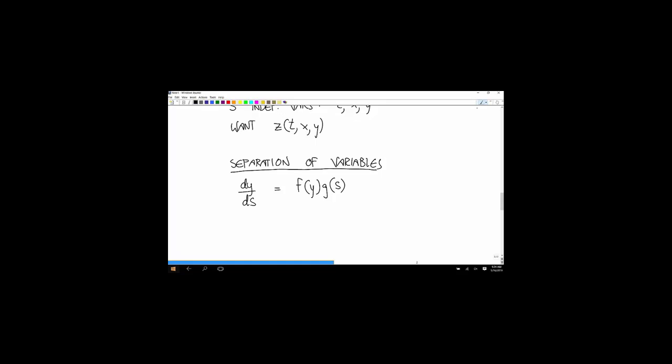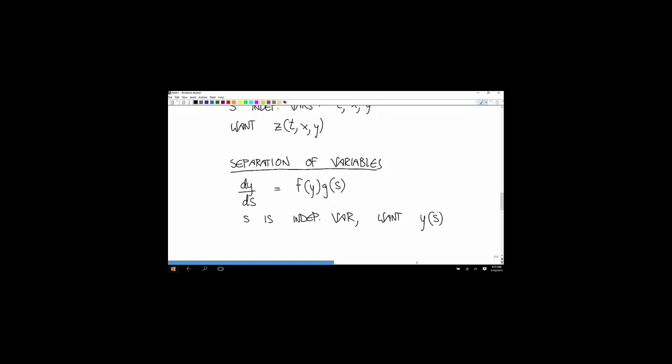In this class, s is our underlying independent variable. So in this case, s is a single independent variable, and we want to find the function y of s.